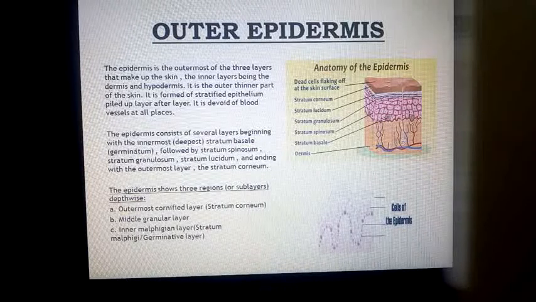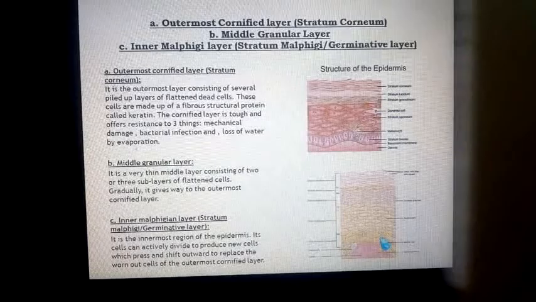Is it clear? So you can see all those layers clearly in the picture. Stratum corneum, stratum lucidum, stratum granulosum, stratum spinosum, and stratum basale and dermis. Below that you will get dermis.